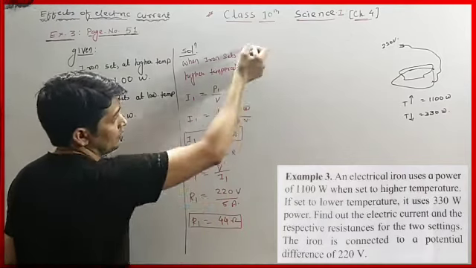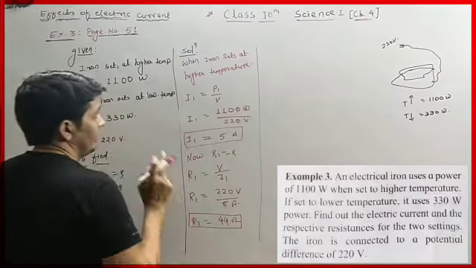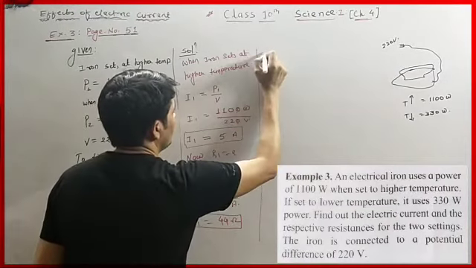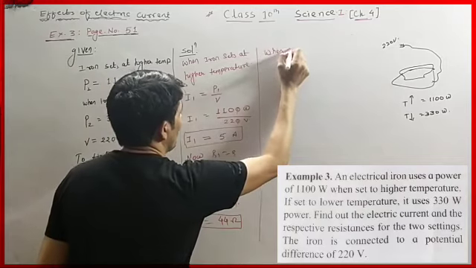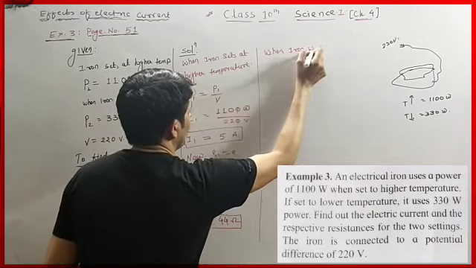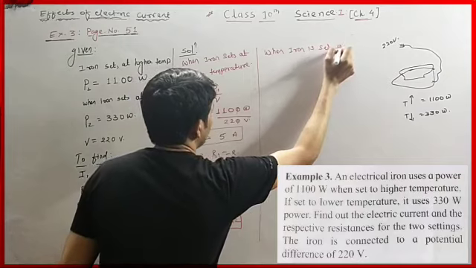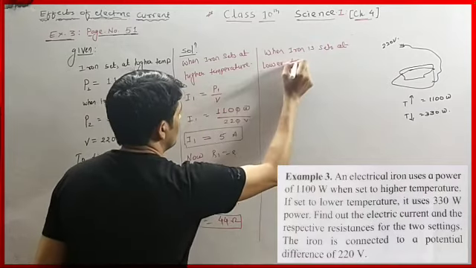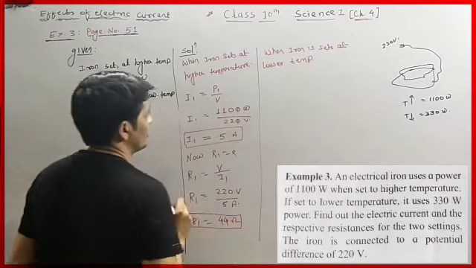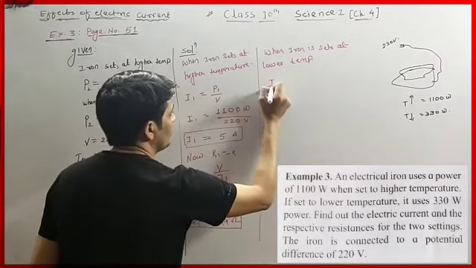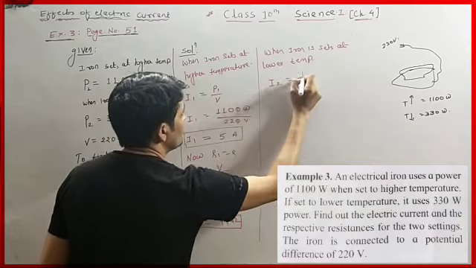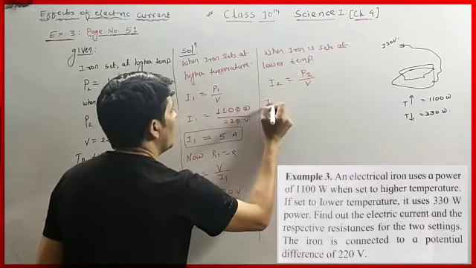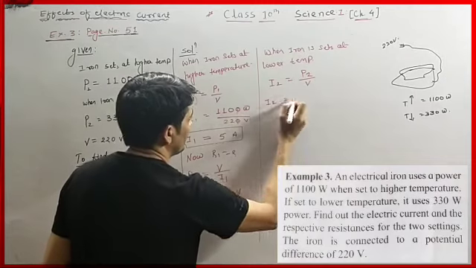Now, second condition, when the iron is set at lower temperature. We have to calculate I2 equals P2 divided by V. What is P2?